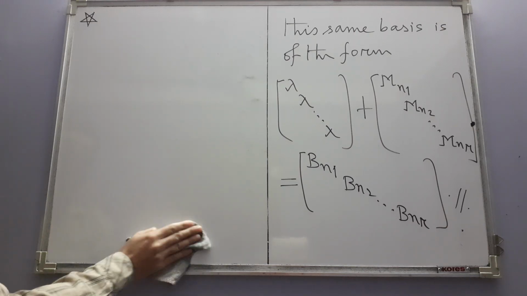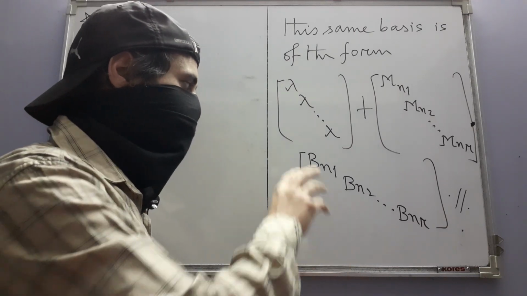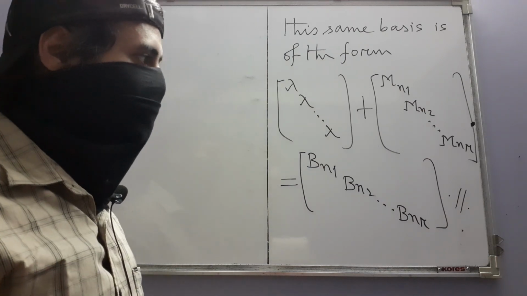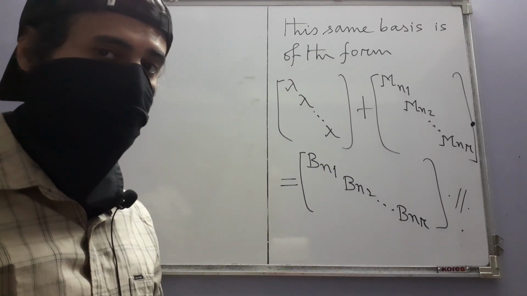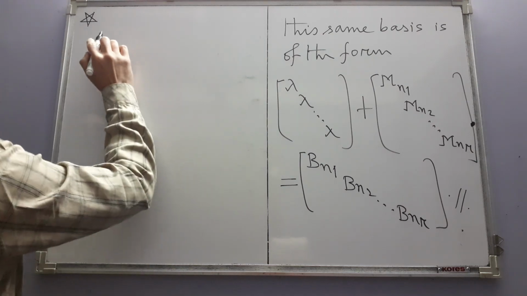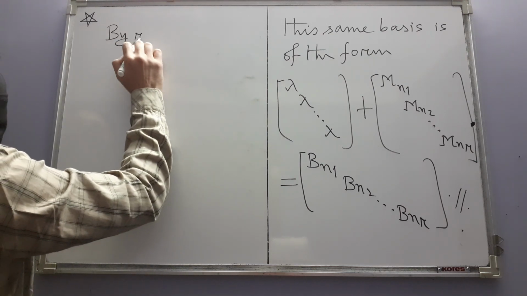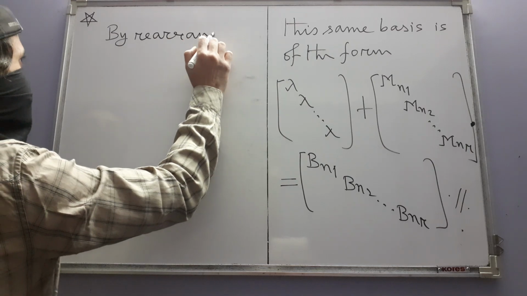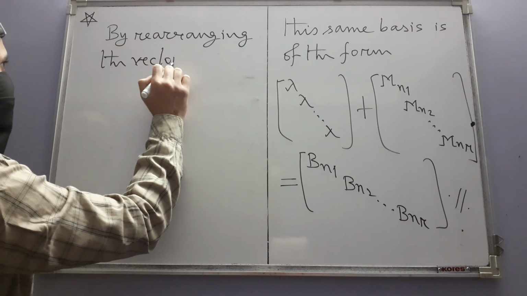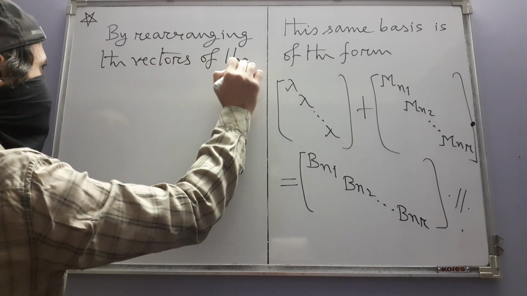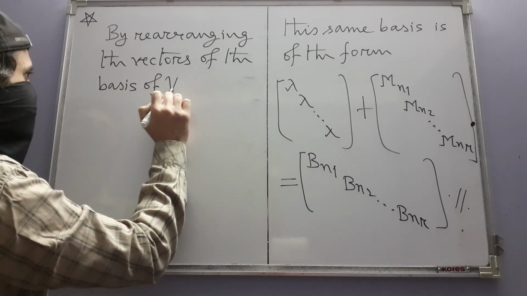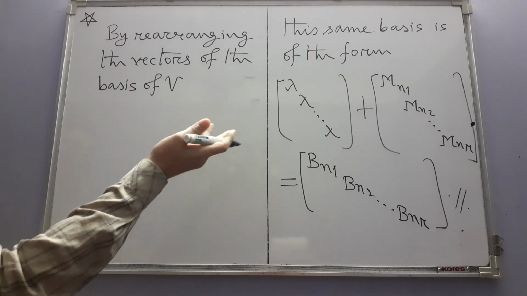The basic Jordan blocks may not appear in a decreasing order in terms of size, but you can do so by rearranging the vectors of your original basis, the basis of the entire space V. I said the basis because the basis that appears in this proof.